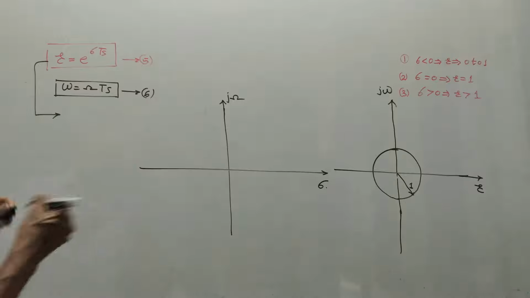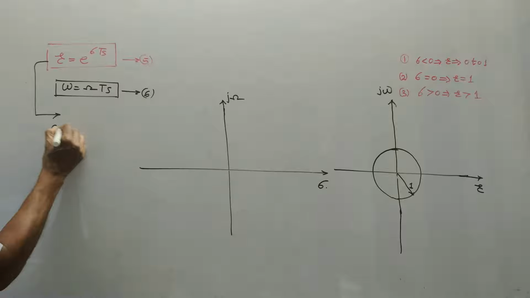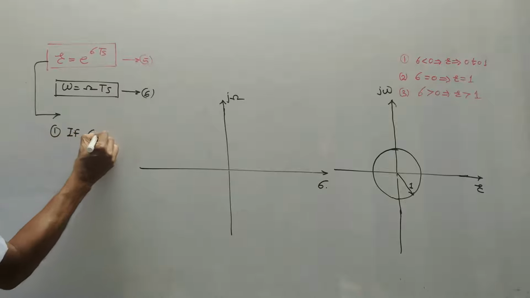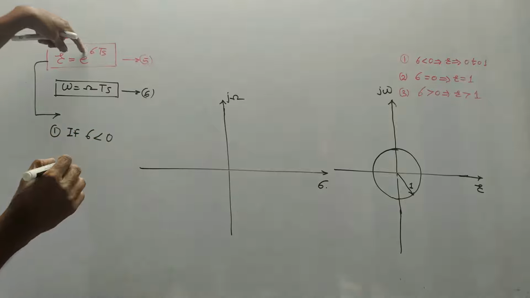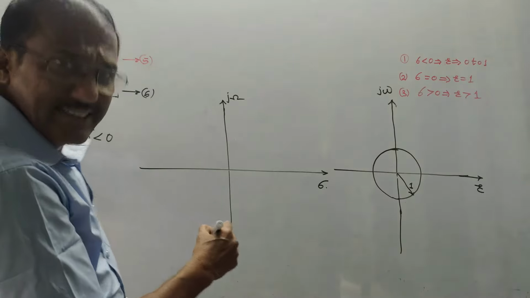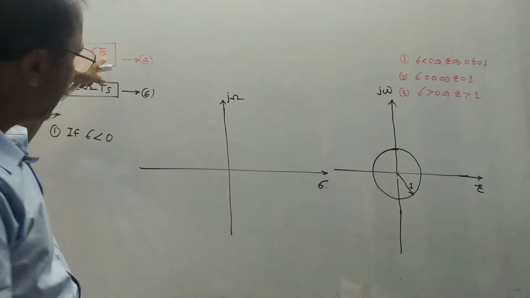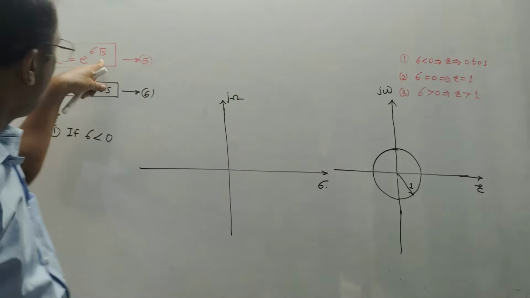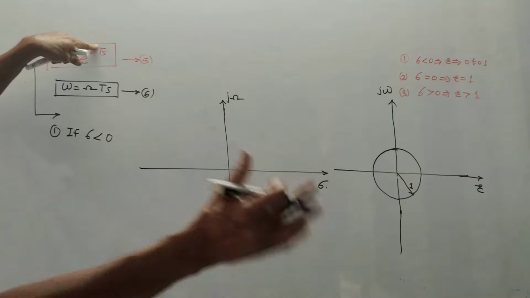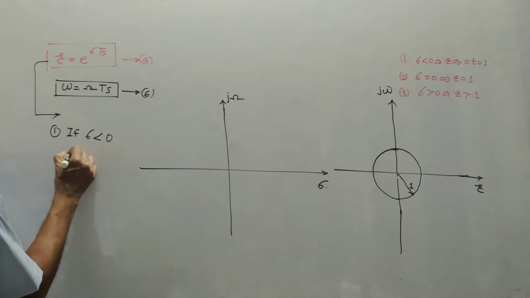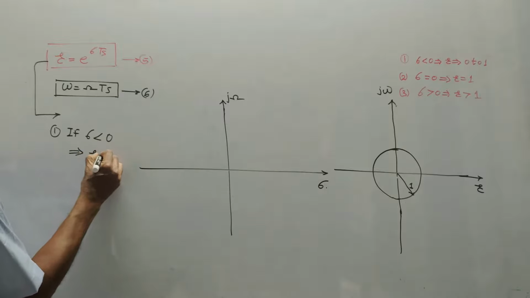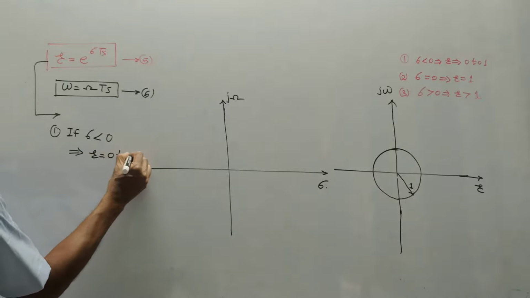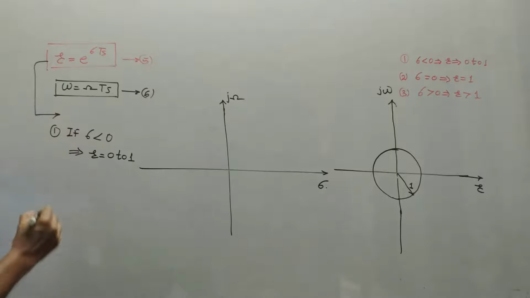We'll consider different conditions. First condition, if sigma is less than 0. Look at this equation number 5. If sigma is less than 0, that means sigma is negative. Ts is sampling time having some fixed value. So e raised to minus anything is always between 0 and 1. So this gives the value of r between 0 and 1. This is the first condition.